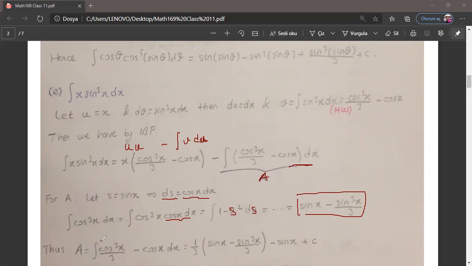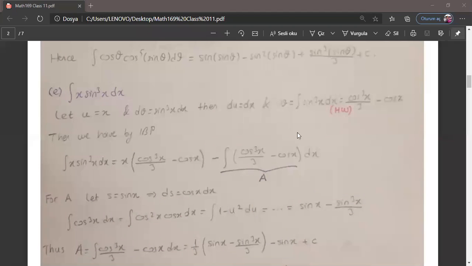Now A is this: 1 over 3 times the integral of cos cubed, which is exactly this red one, minus the integral of cos x, which is sin x. Thus we get this one.